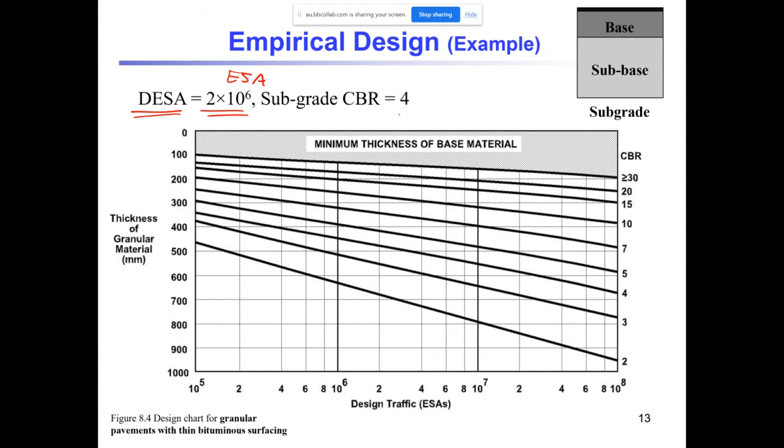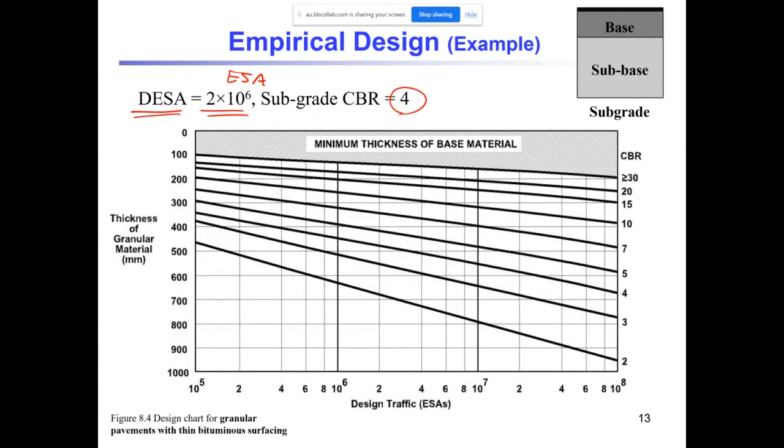So you remember from the first lecture, this is less than 5, so it is considered as a soft subgrade. Generally, we need to make some improvement, some stabilization, in order to make the site ready for construction. But here we are going to design on CBR 4.